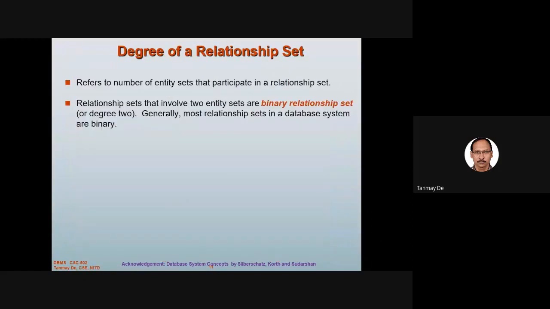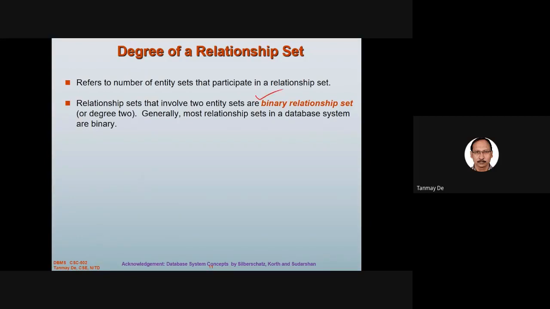Now the degree of the relationship set. This refers to the number of entity sets that participate in a relationship set. If the relationship set involves two entity sets, then it is called a binary relationship set.